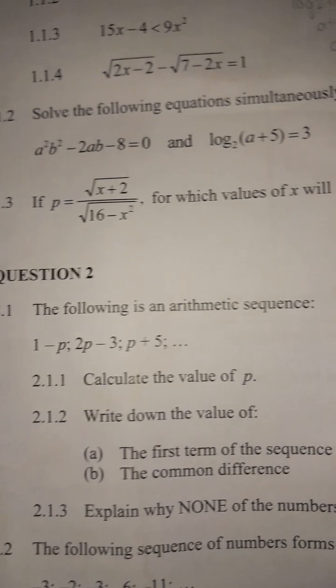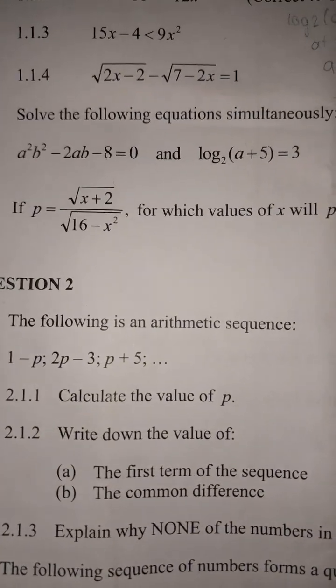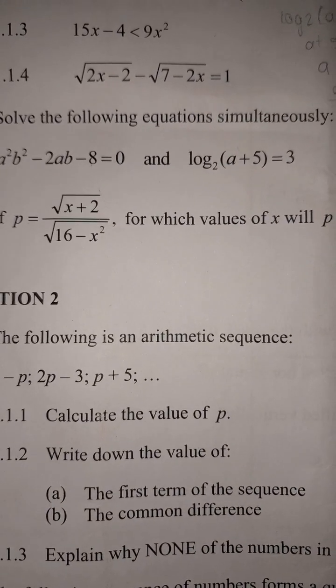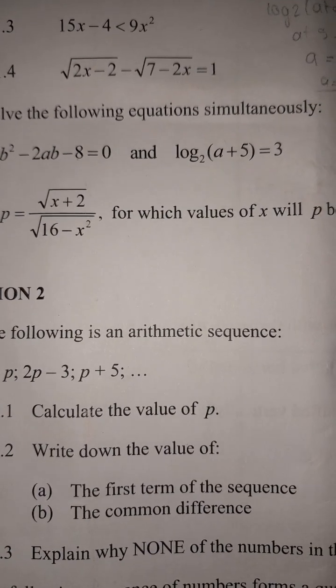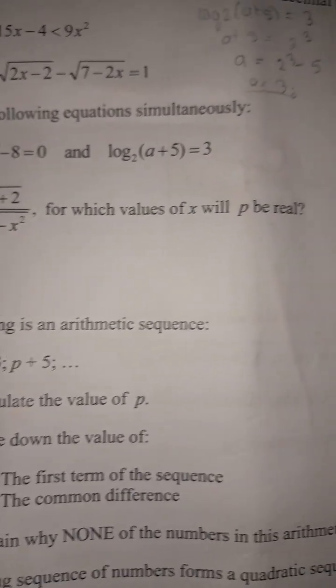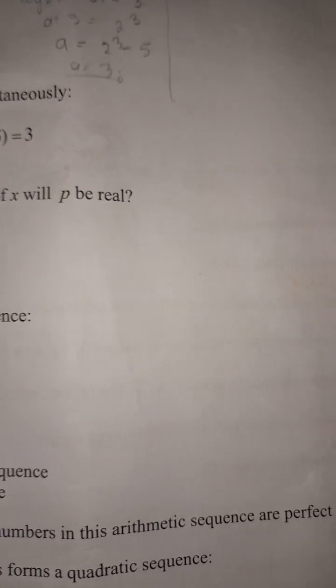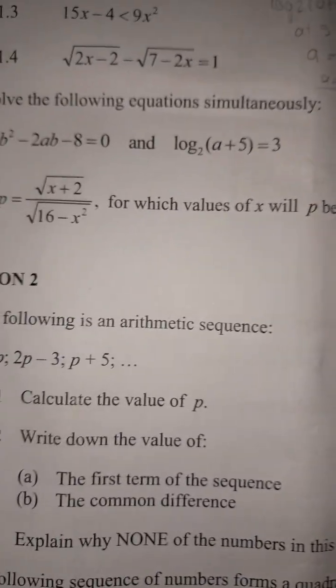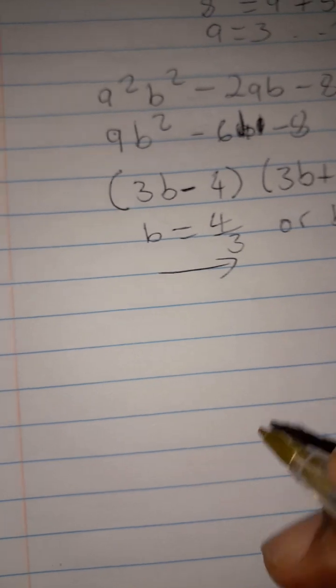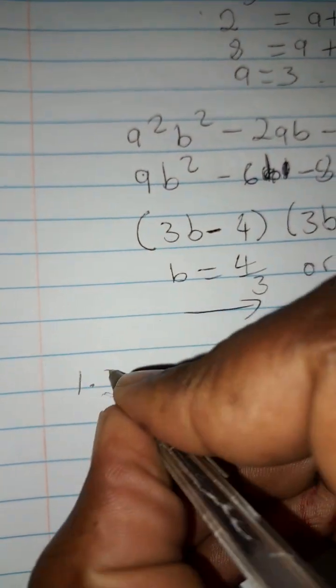Now let's look at 1.3, which is our last question. If P is equal to root x plus 2 over root 16 minus x squared, for which values of x will P be real? From your nature of roots, when something is real, it should be greater than 0. So let's start with the denominator.